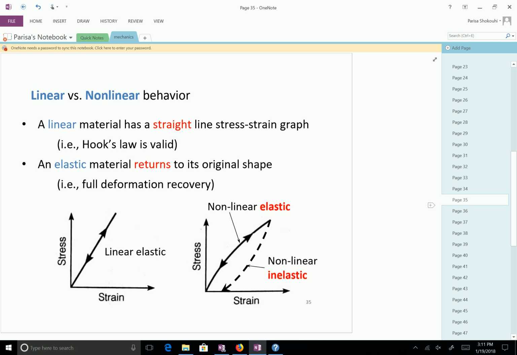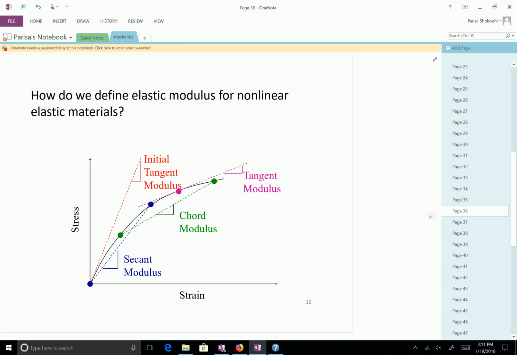Now, if we have this situation, if I ask you what is the elastic modulus, it's easy, right? What is the elastic modulus here? The slope of this curve. If there is only one, because there is only one line. But if the material is nonlinear, we don't have just one elastic modulus.